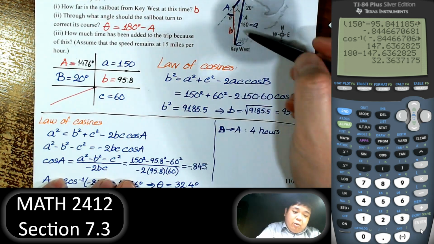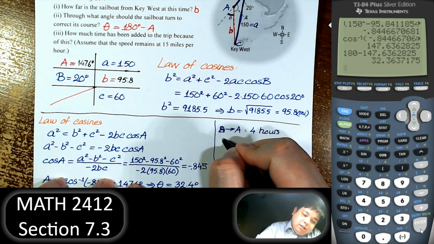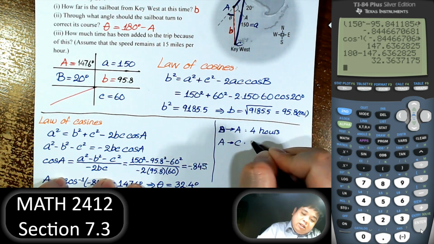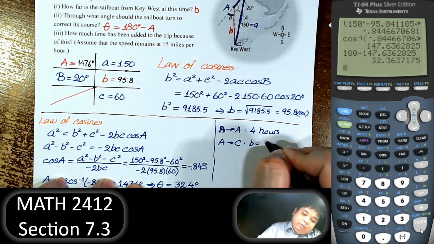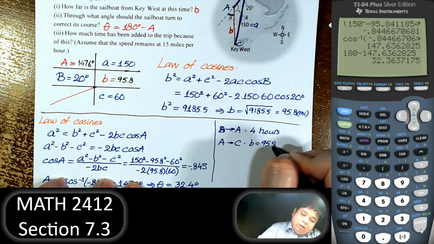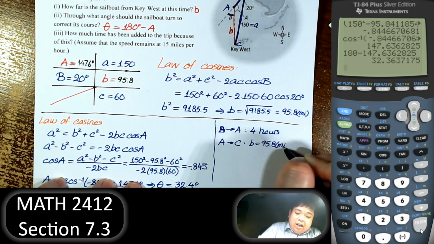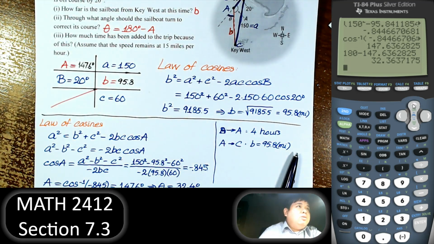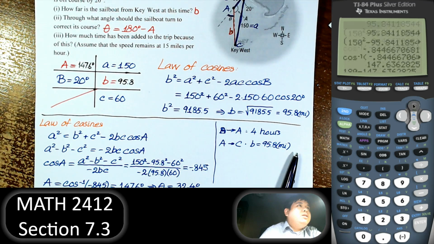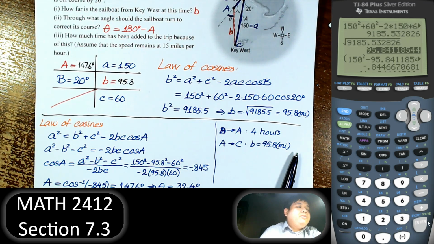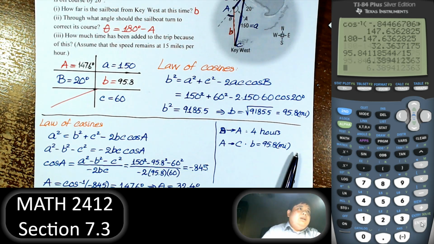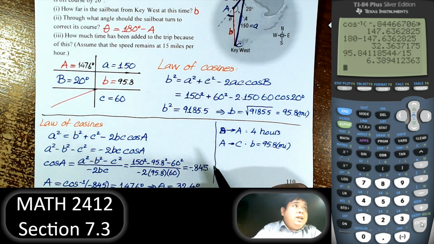And then after that, from A to C, we know the distance is 95.8 miles. At this constant speed of 15 miles per hour, so we take that number and divide by 15. That's about 6.389.